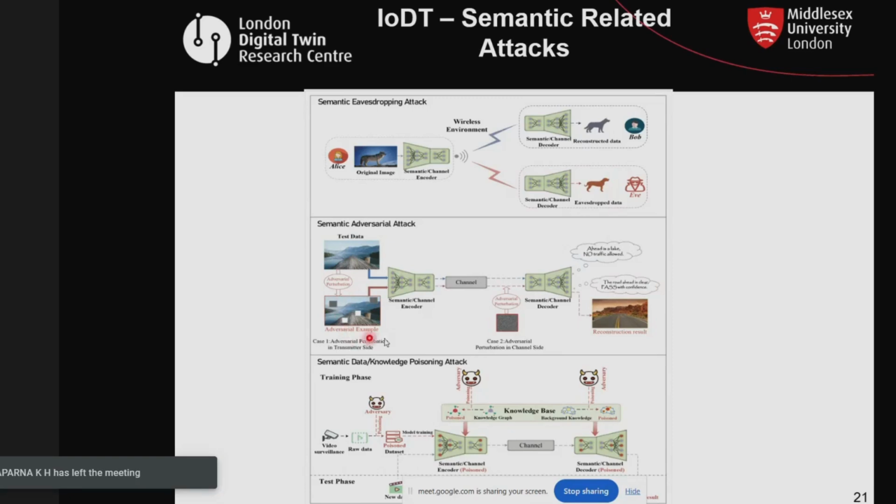But if I have an adversarial attack at the transmitter side, or in between prior to receiving, then the problem that I will face, in the first case, test data which is clear, I will be making sure that the prediction I'm making is that ahead is a lake and there is no traffic allowed. So if this was an autonomous car, it would stop there because it receives that information correctly.